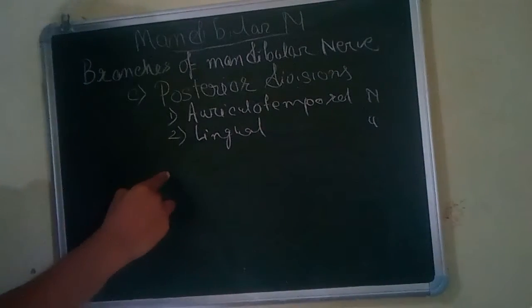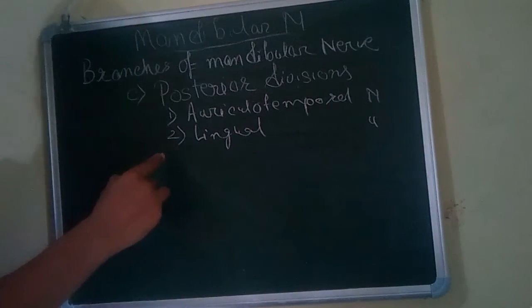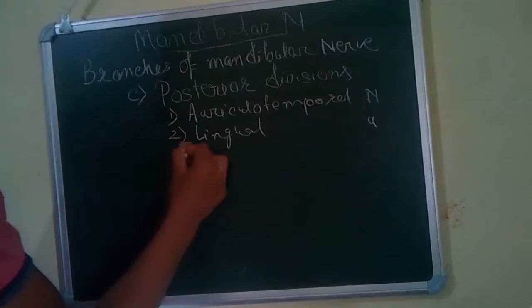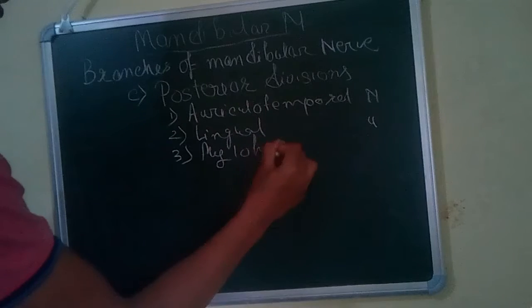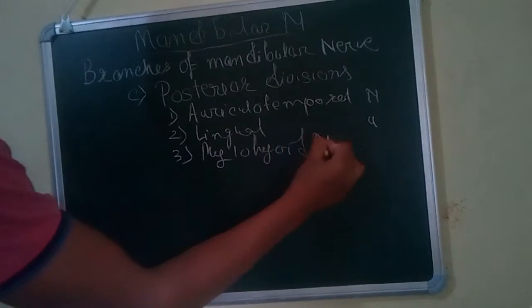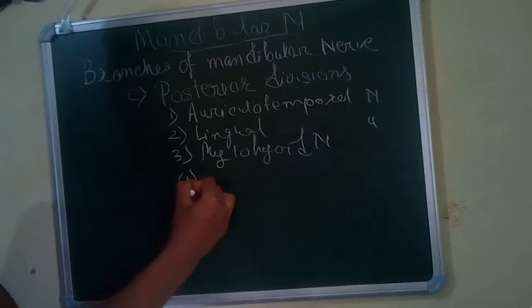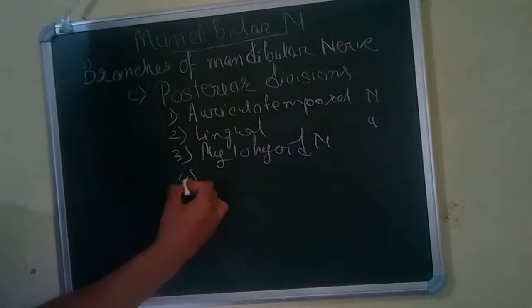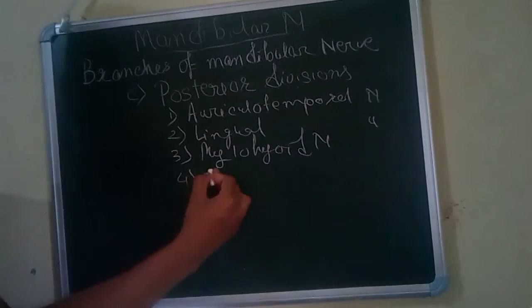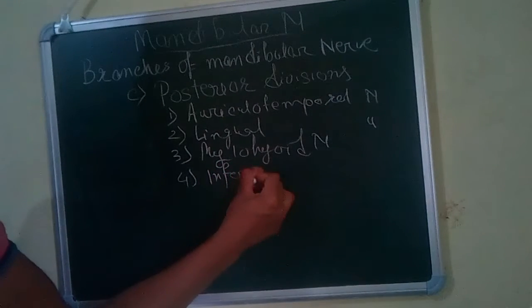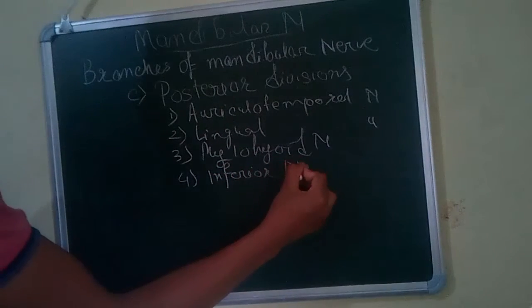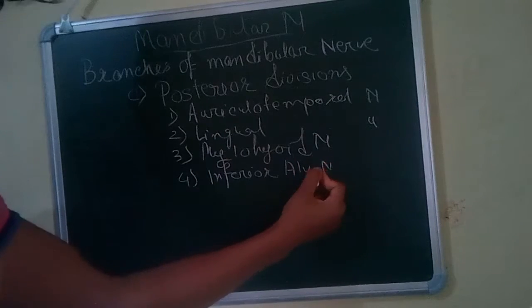Number 3 is the mylohyoid nerve. Number 4 is the inferior alveolar nerve, also called the dental branch.